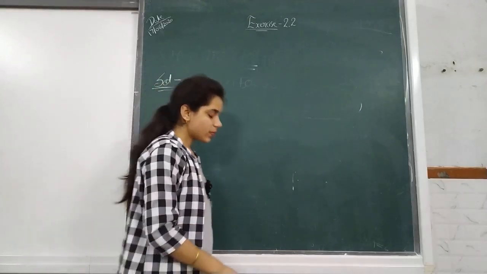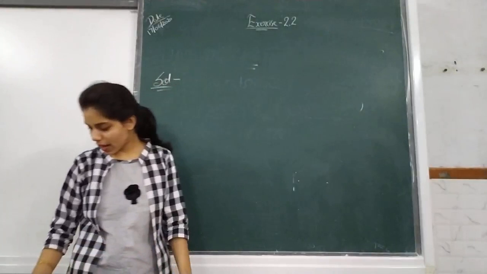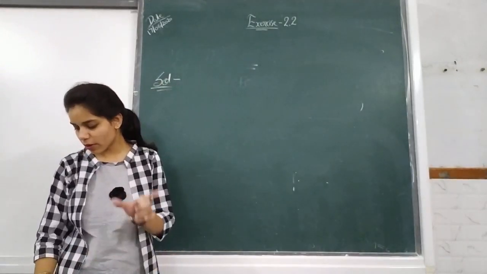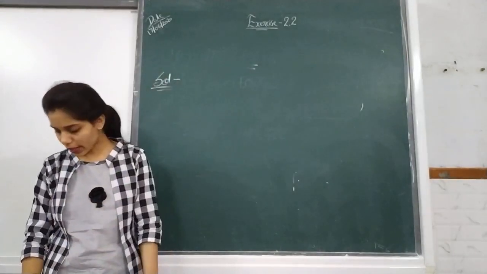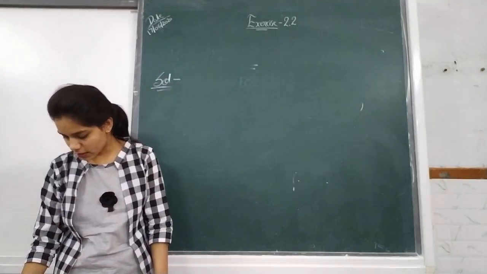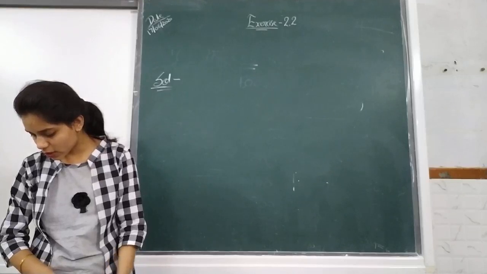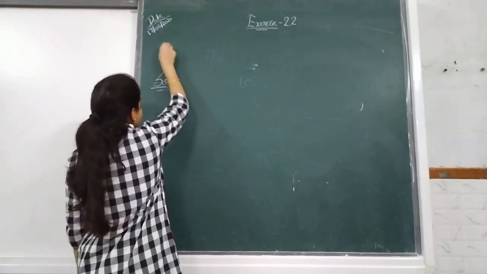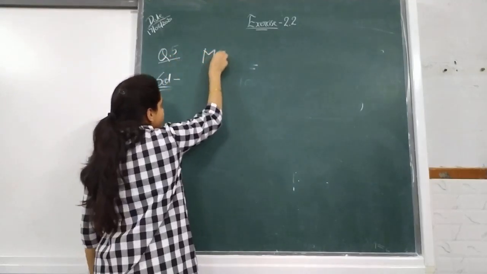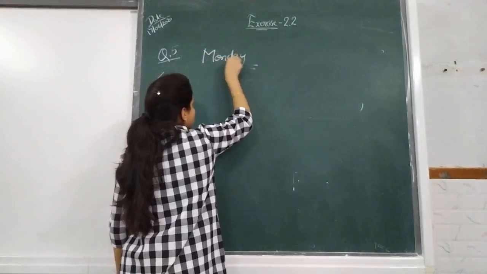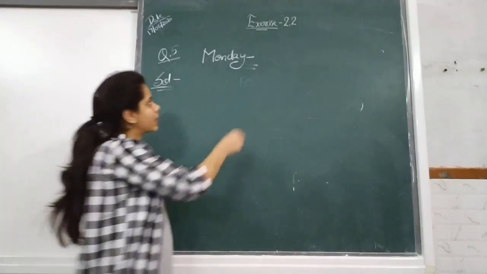So the cost of 1 liter of petrol is 44 rupees. They are asking how much he spent in all on petrol, so you have to add the quantity of petrol he consumed. A taxi driver filled his car petrol tank with 40 liters of petrol on Monday, so on Monday he filled 40 liters of petrol.